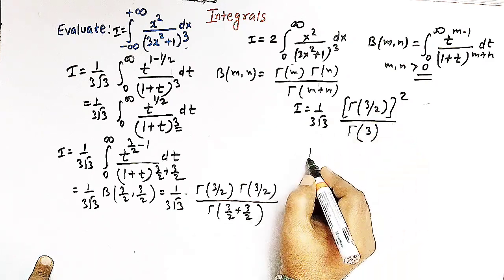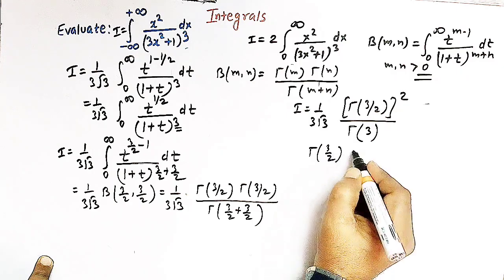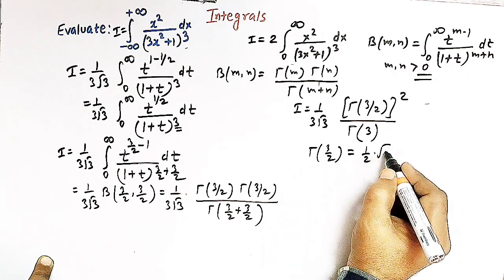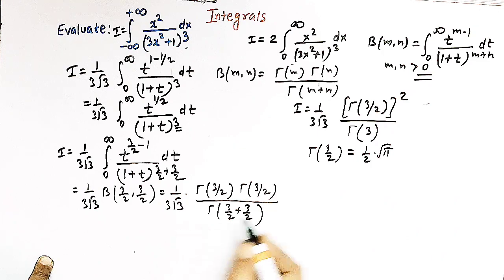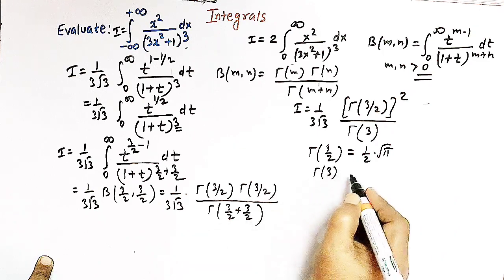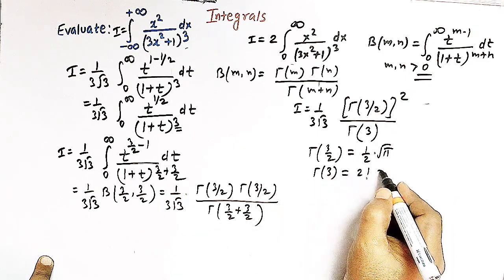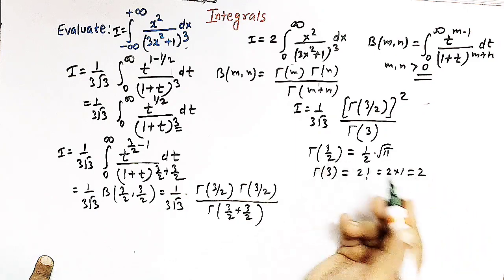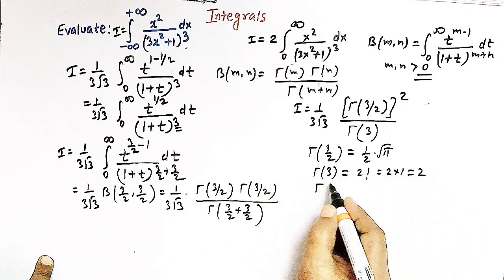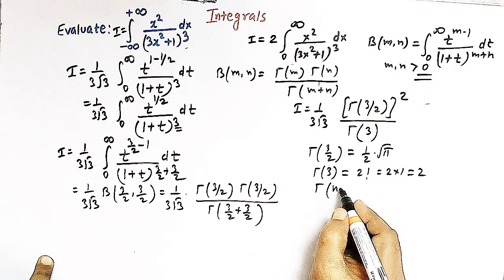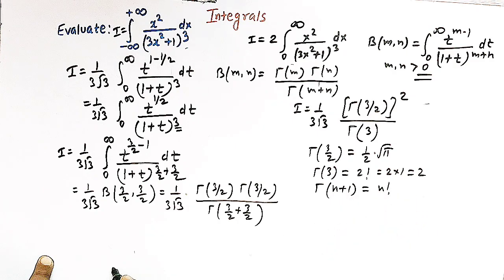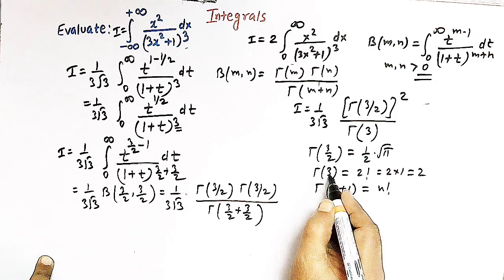Now gamma 3 by 2 is equal to half times square root of pi, right? And gamma 3 can be written as 2 factorial, that is 2 times 1, which is equal to 2. So here we have used this result, that is gamma n plus 1 is equal to n factorial, right? So here we have gamma 3.